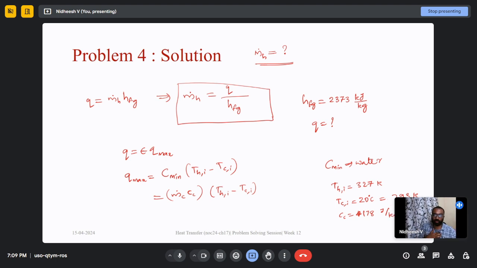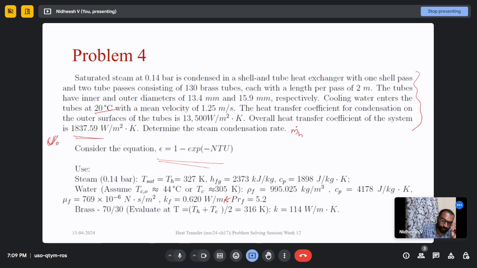Now if we know the mass flow rate of the cold fluid, we can find out Q max. Now look at the problem and see how we can find out the mass flow rate of cold fluid.